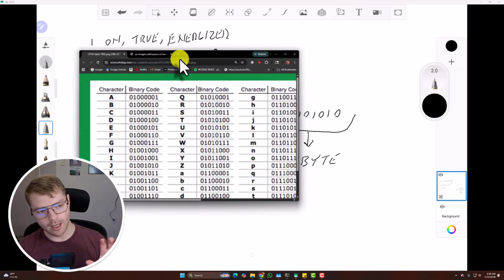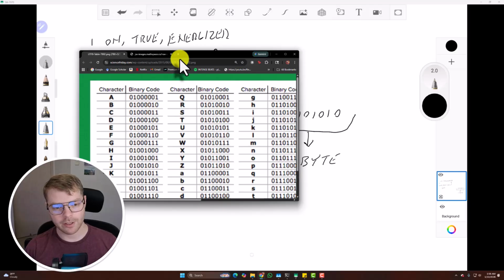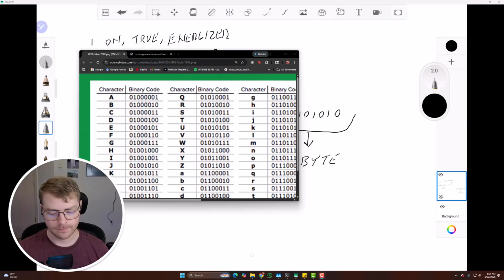Because if you have 0, 1, 0, 0, 0, 0, 0, 1 represent something, and then I have 0, 1, 0, 0, 0, 0, 1 represent something else, things might get confused. All right, so they came together and created this standardization, which is really awesome, and I'm grateful for that.